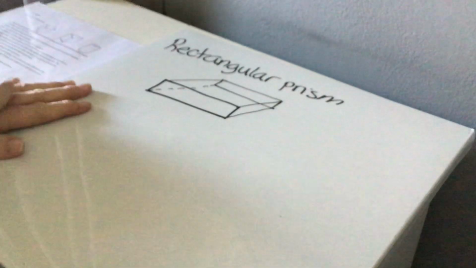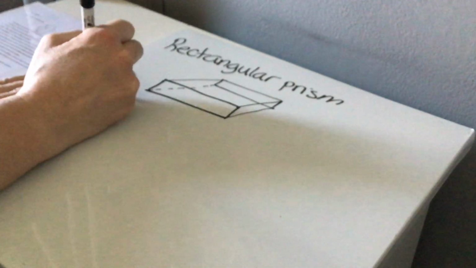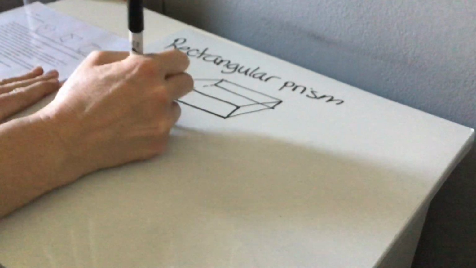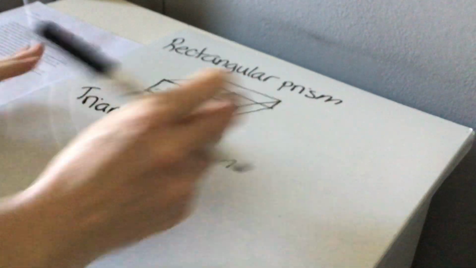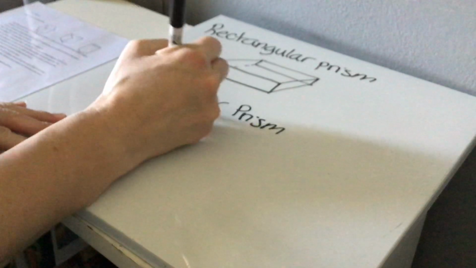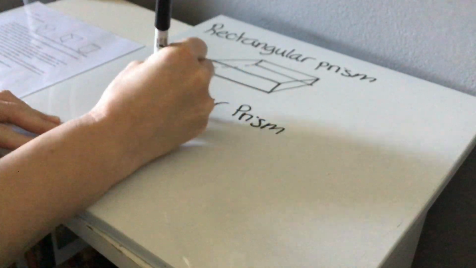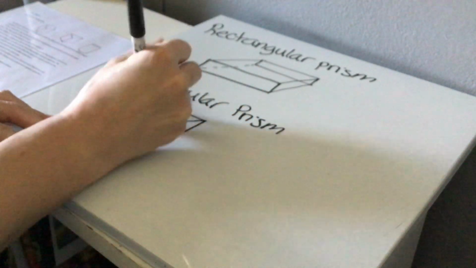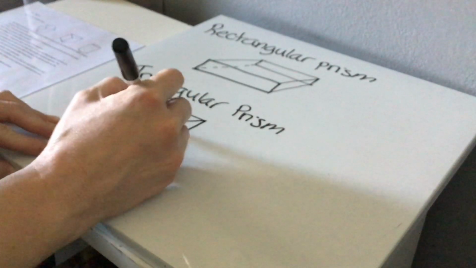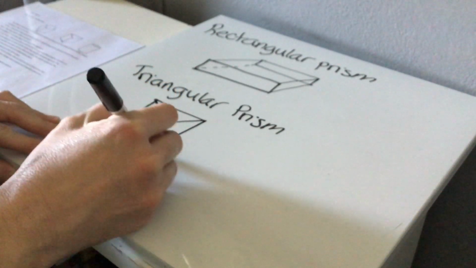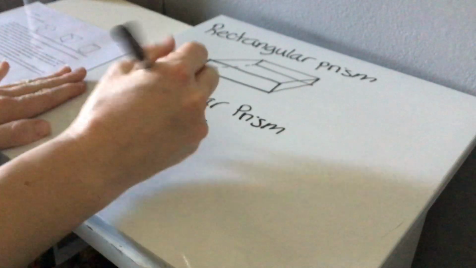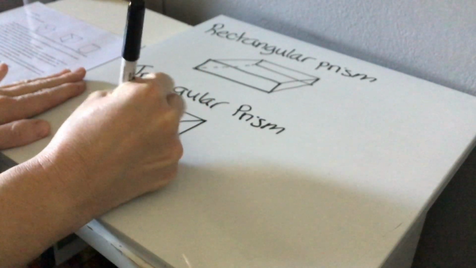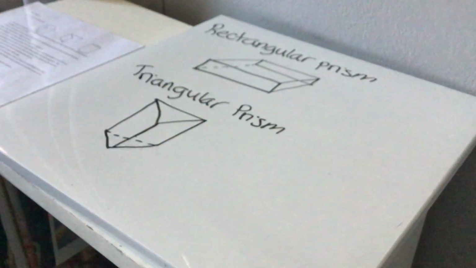A triangular prism means its bases are triangles.